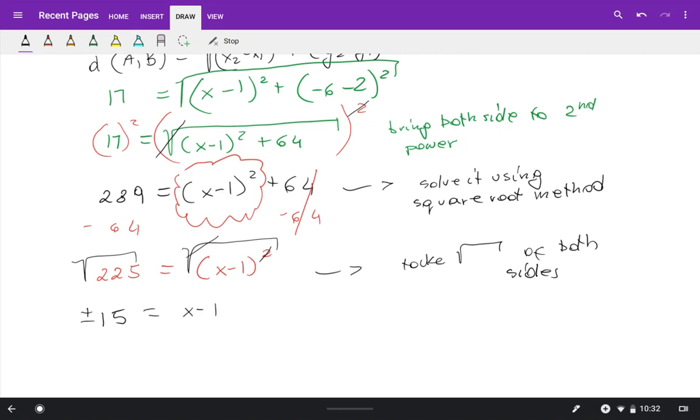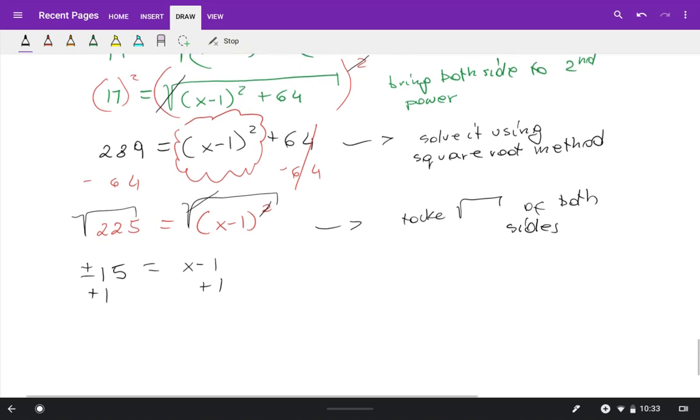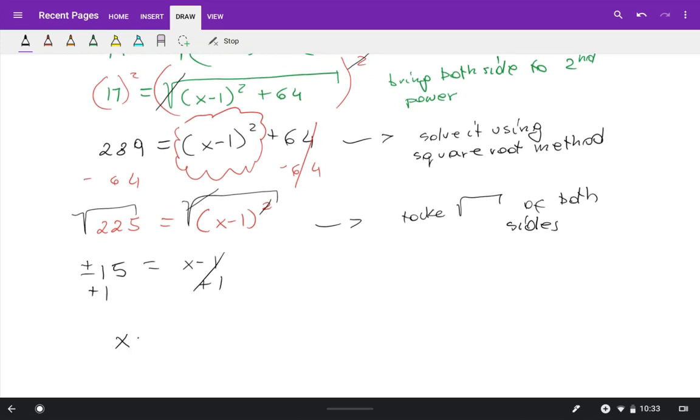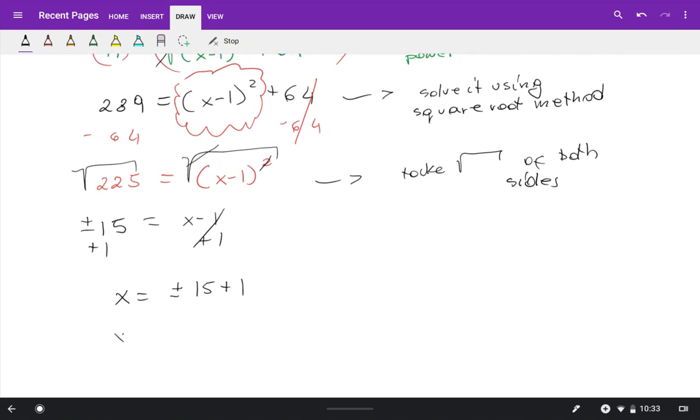Now just solve the equation for x. We'll add 1 to both sides, and we have x equal to positive or negative 15 plus 1. That means you will have two solutions. The first one is 15 plus 1, which gives us 16. The second solution is negative 15 plus 1, which is negative 14.